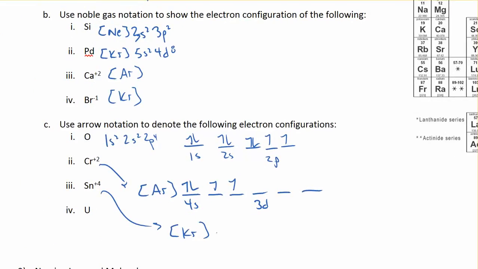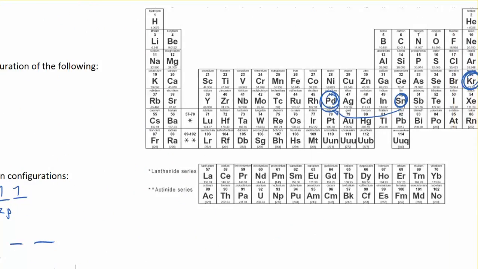It'll look like krypton plus the 5s and some electrons in that 4d. Specifically, tin will be left with 8 electrons in the 4d. We got that from the tin +4.